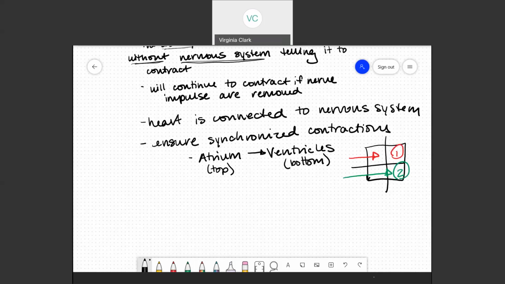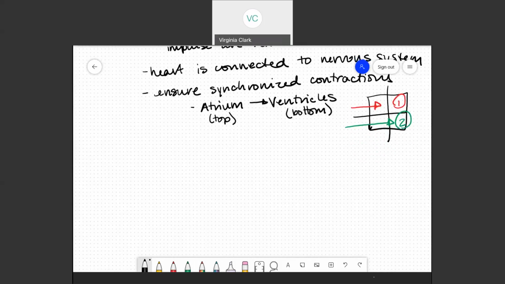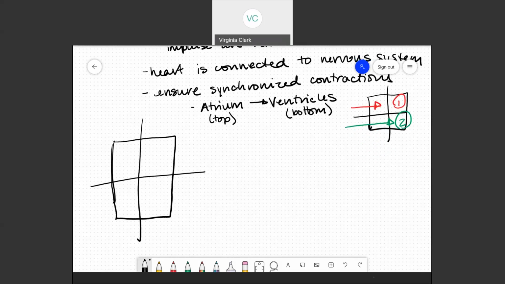So there's a couple structures we're going to talk about. We're going to take our heart and blow it up again. As a reminder, right, left, atrium and ventricle. So right atrium is this one, left atrium is this one, right ventricle is this one, and left ventricle is that way.